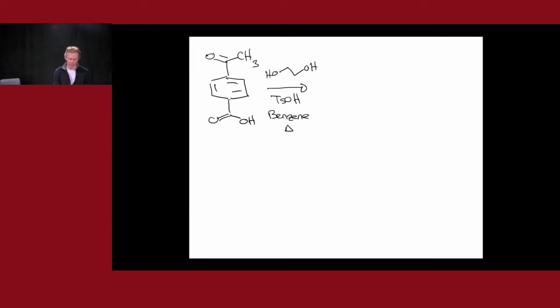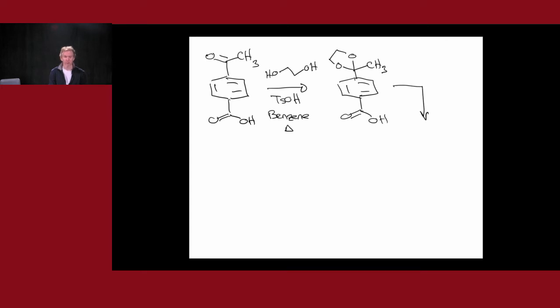Drive this to the formation of the ketal. And we'd have the carboxylic acid. Now at this point, we could use lithium aluminum hydride. Lithium aluminum hydride does not react with ethers. It also doesn't react with ketals or acetals.